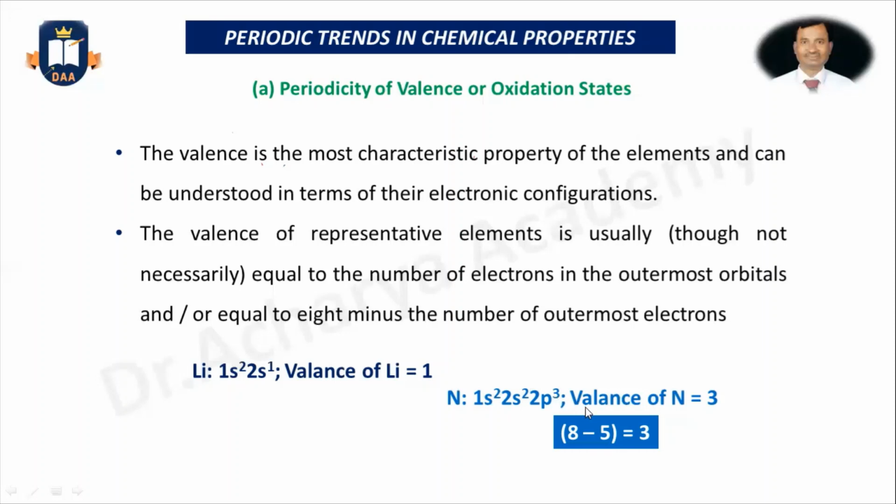And so the valence of nitrogen is 3. How? 8 minus 5. Here you see 8 minus the number of outermost electrons. Outermost electrons is 5, 2s2, 2p3. The 2s orbital has 2 and the 2p orbitals have 3, so total 2 plus 3, 5. So this is the 5. 8 minus 5 is equal to 3, which is the valence of nitrogen.